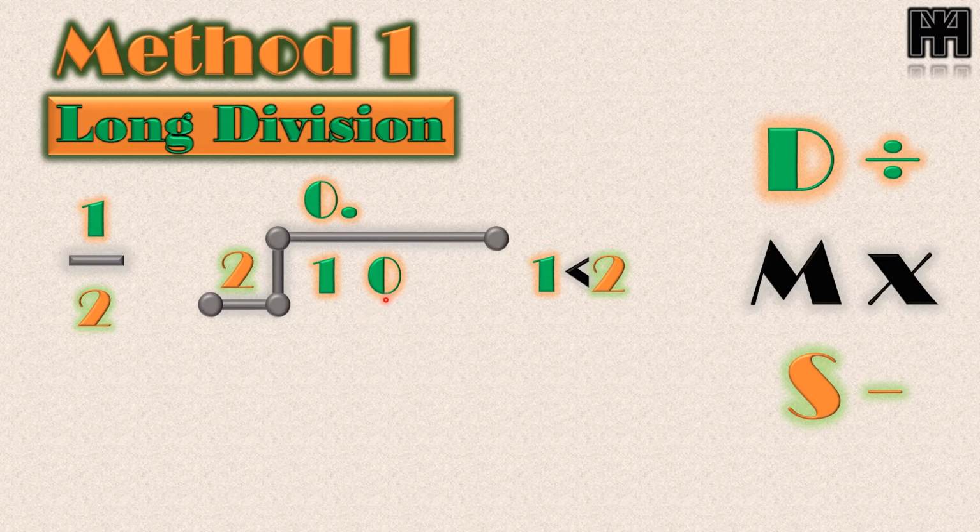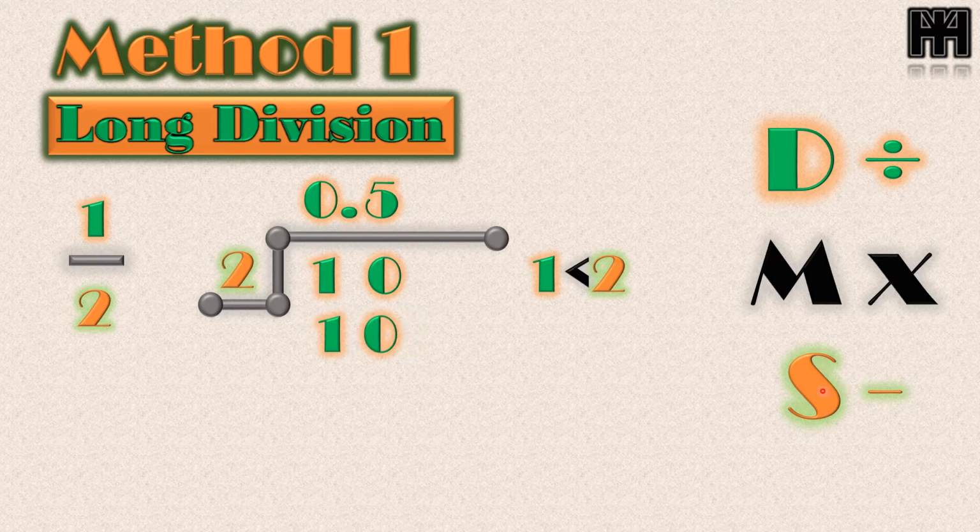So let's repeat the first step again. Divide. We will have then 10 divided by 2. 10 divided by 2 will be 5. Then multiply: 5 times 2 will be 10.